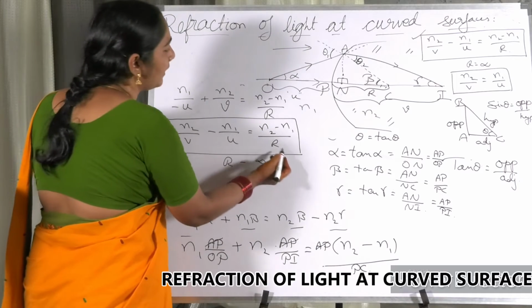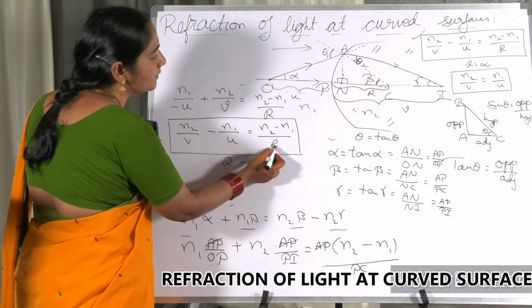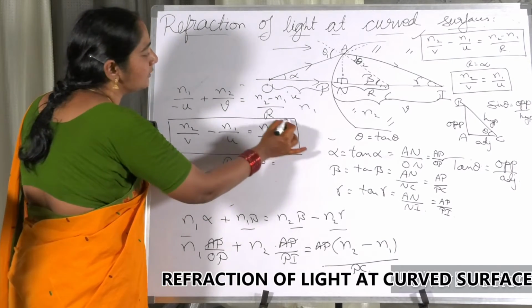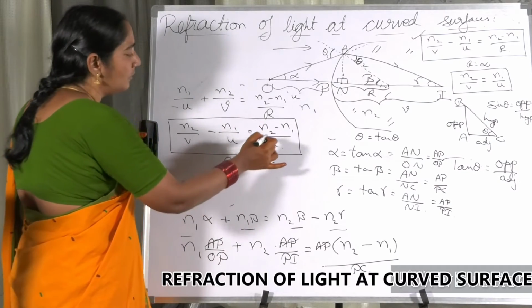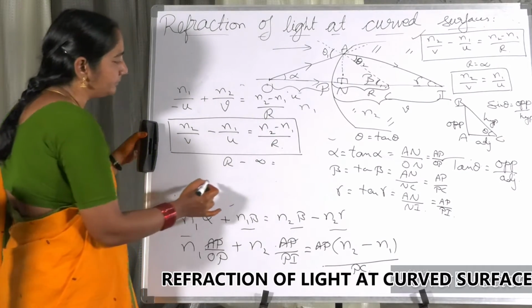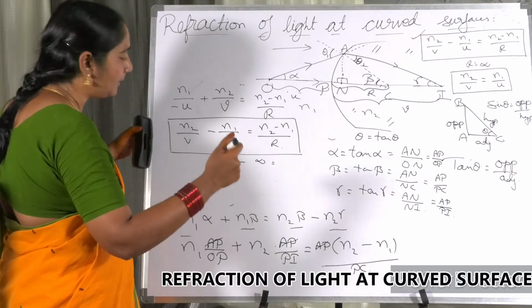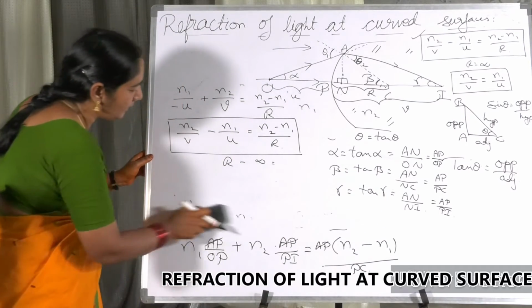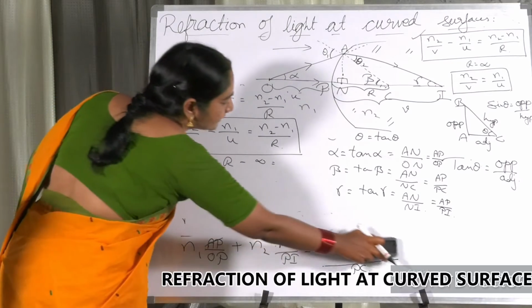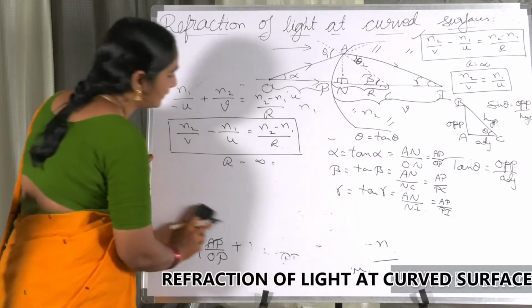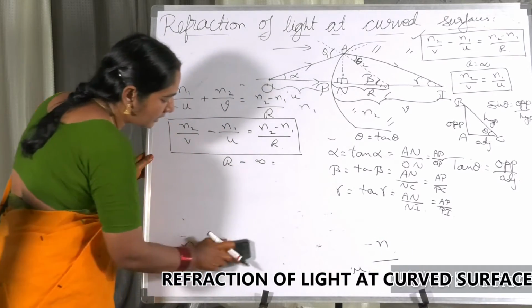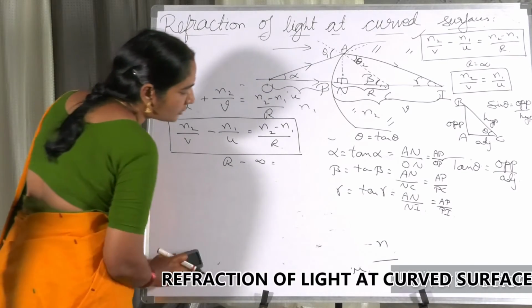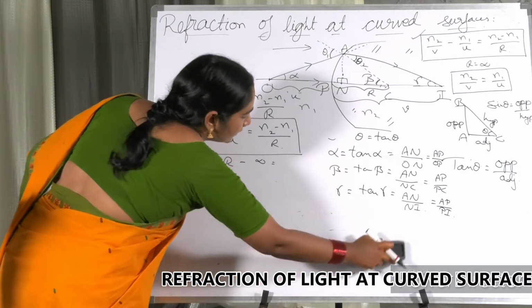So when this R becomes infinity, this right hand side becomes equal to 0 because now R is becoming infinity.